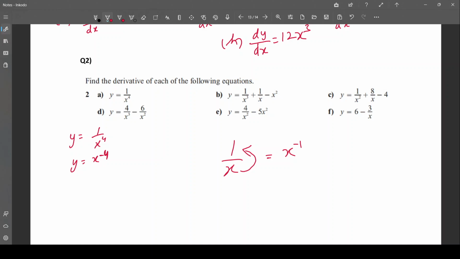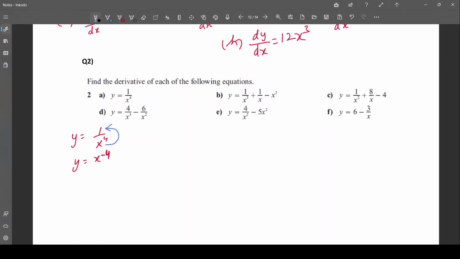This is the same rule we are using here. Because this x is over the bottom with a plus 4, when it goes up, it will have a negative sign. So y equals x raised to power minus 4.